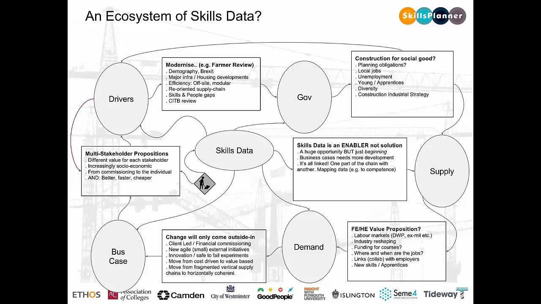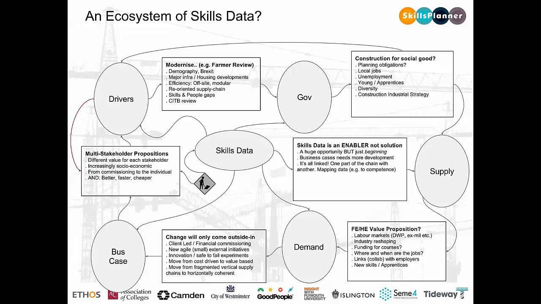As summarized really well, for example, in the Farmer Review, talking about the massive need for affordable housing, demography changes, efficiency, off-site, modular, etc. Increasingly those drivers, the more we look at them, are about commissioning, financing, developers, etc., which really feed into the government context, which I've titled here as construction for social good.